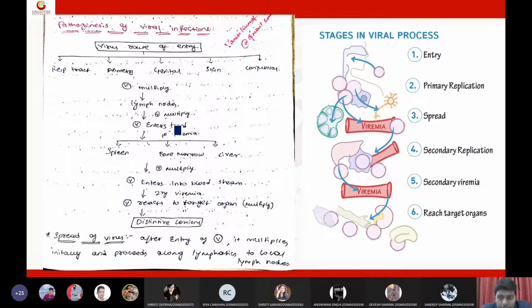Irrespective of any virus, once the virus gets into the blood, we experience these flu-like symptoms. That is why all viruses have similar signs and symptoms, like muscle ache, body pains, nausea, and mild fever. All these are viral mediated symptoms.